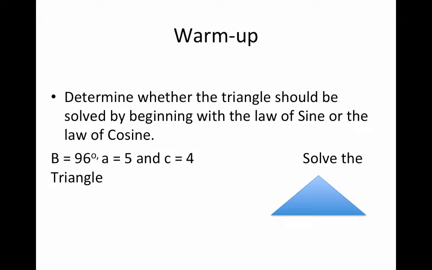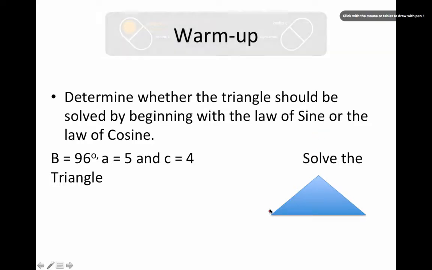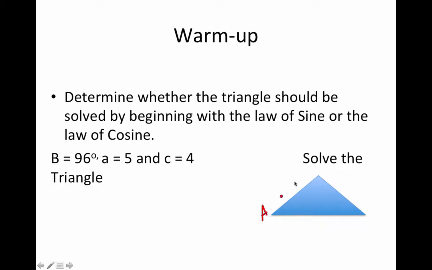If you want to determine which one you're going to solve with, first thing I would do is draw A, B, C. Little a is 5, little c is 4, little b is here. I know this is 96. When we have side angle side, we're going to need to use the law of cosines, right?